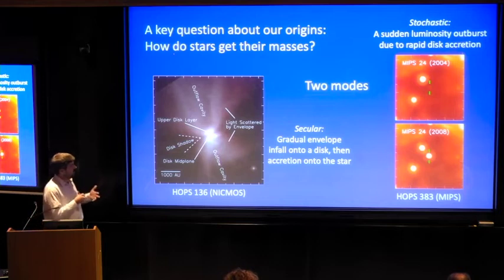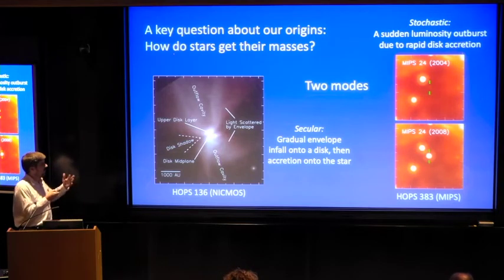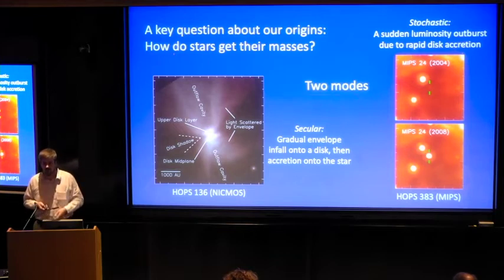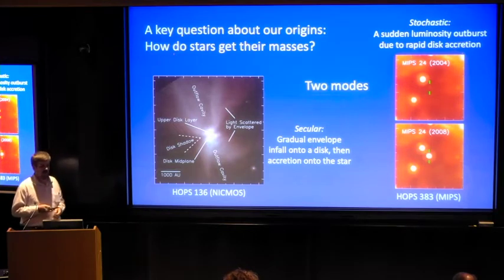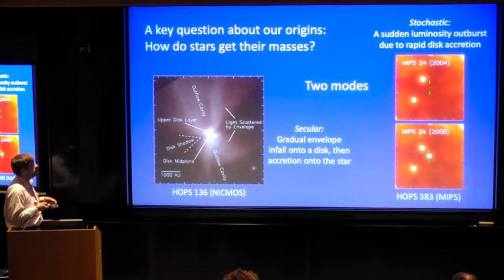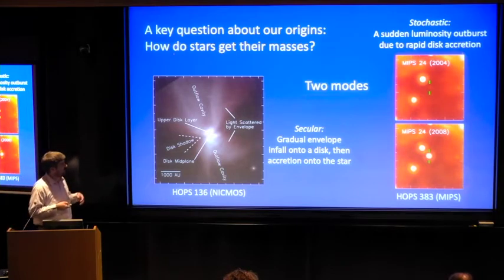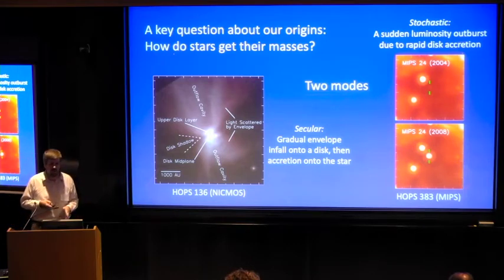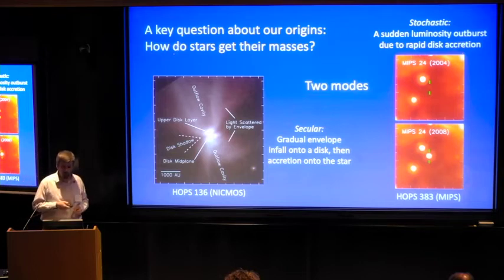For secular accretion, we have the envelope gradually falling onto the disk. Maybe that rate of infall changes slowly over the course of the 500,000 year period. And then the disk accretes onto the star. And here, just for illustration, I show a Hubble image of a fairly passive protostar seen edge on, so all the different parts of the system are detected even in the near infrared.